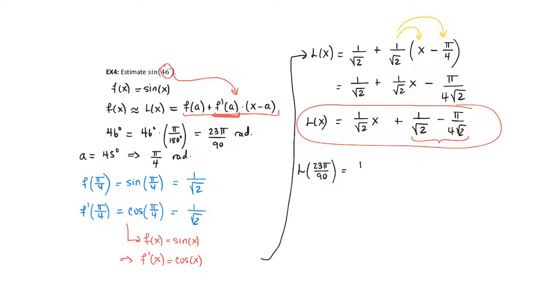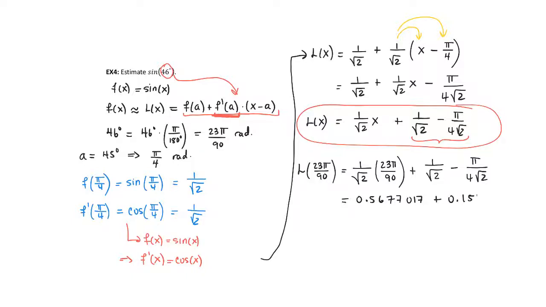That's going to be equal to 1 over the square root of 2 times 23 pi divided by 90 plus 1 over the square root of 2 minus pi over 4 square root of 2. And then using a simple calculator, I take my time and I do those computations. That's going to be about 0.5677017 in case you want to go ahead and try it out yourself.